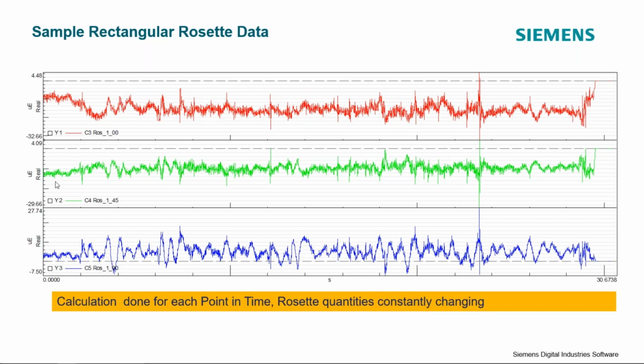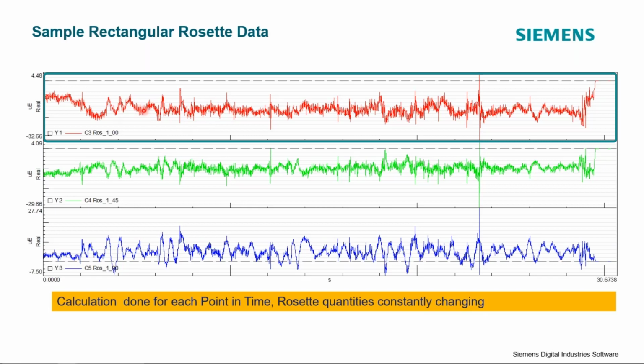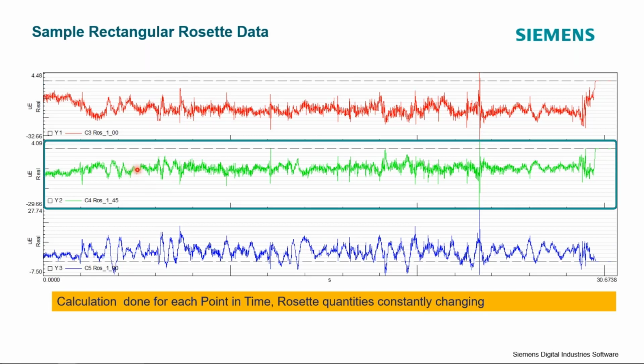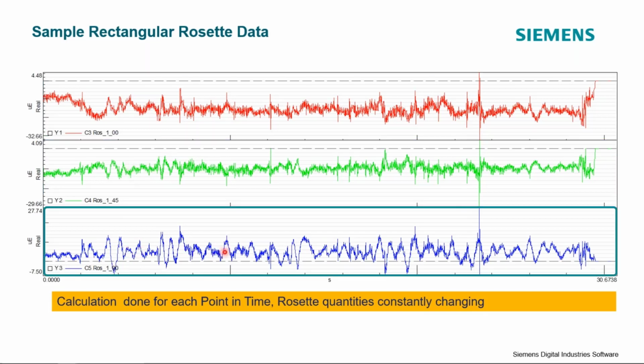I have a 0, 45, 90 rectangular rosette here. So this is the 0-degree channel, this is the 45-degree channel, and this is the 90-degree channel. And something where I've been asked this question before and there's been general confusion is, if you were to do a durability type calculation in, let's say, Nastran or something like that, you might see a single value plotted for, let's say, the principal stresses and strains or the von Mises stresses and strains.